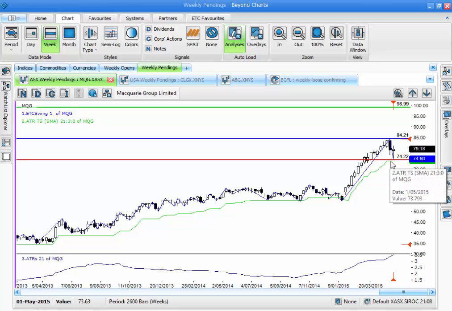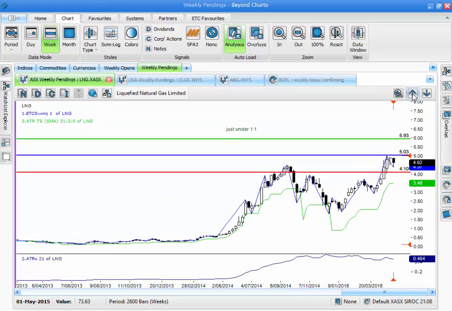So that was Macquarie. There's a couple of others that I just brought up for chatting. One of them was LNG, liquefied natural gas. Price action and everything on this is really good. The only element that's upsetting about this is the potential for the round number there of $6.